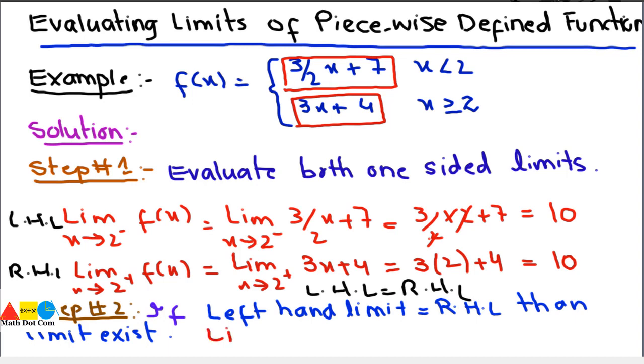It will be limit of x approaches 2 of f of x is equal to 10. Why? Because it is equal to 10 from the left and the right as well. So limit of f of x as x approaches 2 is equal to 10. So this is how you can evaluate the limit of a piecewise defined function in just two steps, and you can easily find from here as well whether the limit of a given function exists or not.